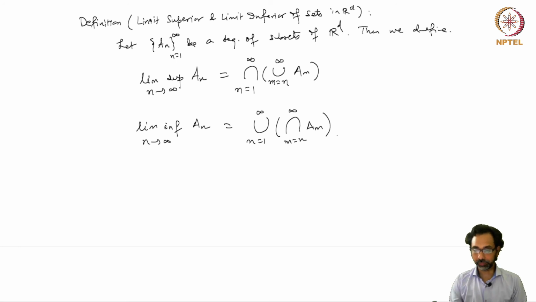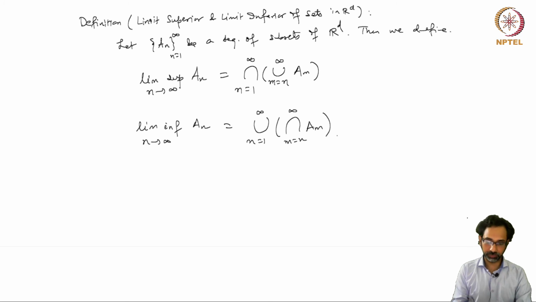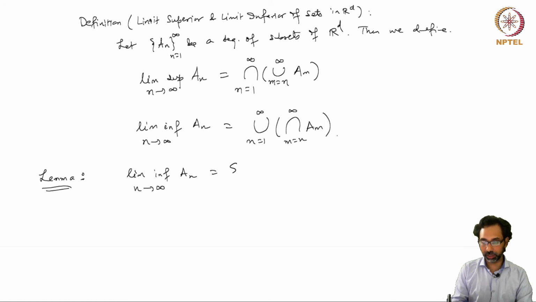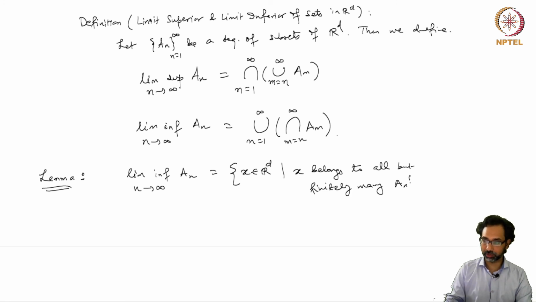So to gain an idea of what these lim sup and lim inf describe, the following lemma is quite useful. It says that the lim inf of A_n as n goes to infinity, this set can be described as the set of all x in R^d such that x belongs to all but finitely many A_n's.